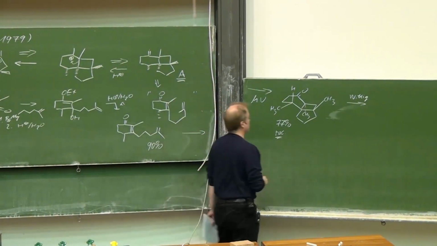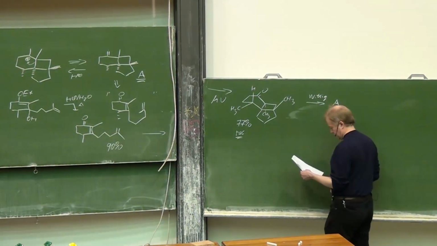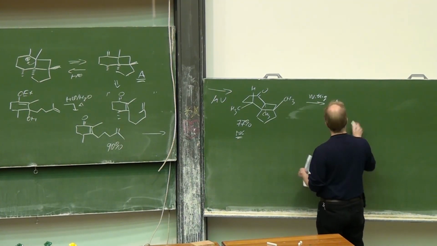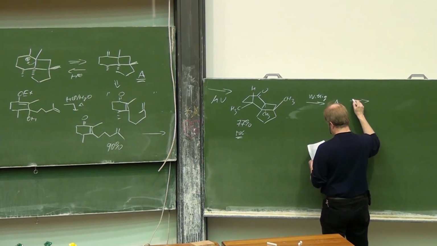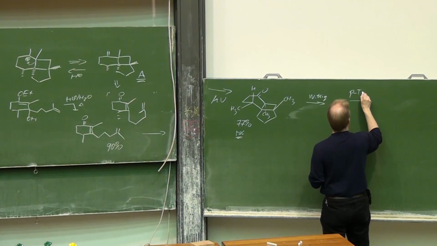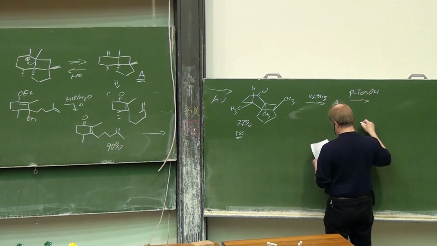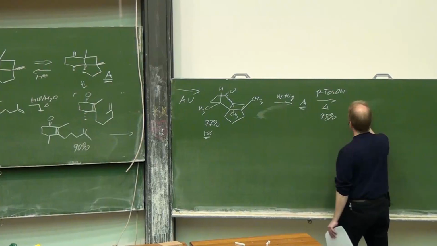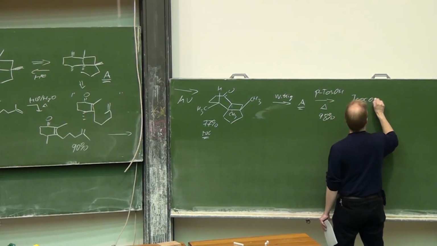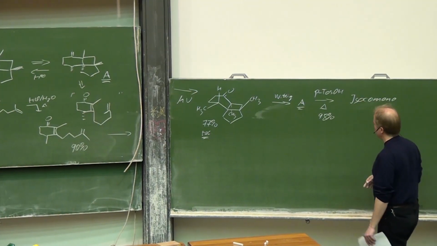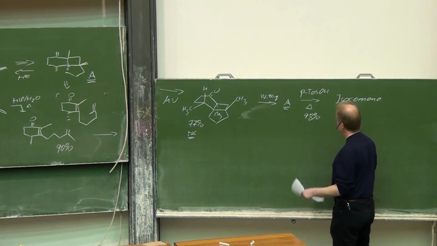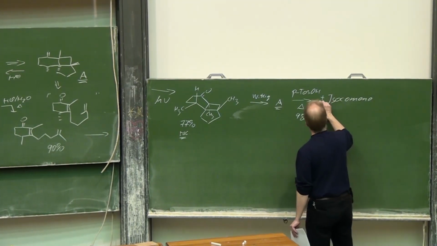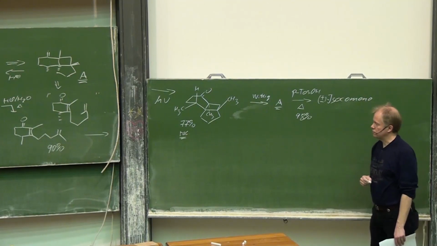Let's call this structure A. Then we already have A. Then treating it with para-toluene sulfonic acid, heating it up, and indeed the reaction to give isocomene, then the final rearrangement succeeded in 98%, as already written to the blackboard. Of course, it's a racemic synthesis.